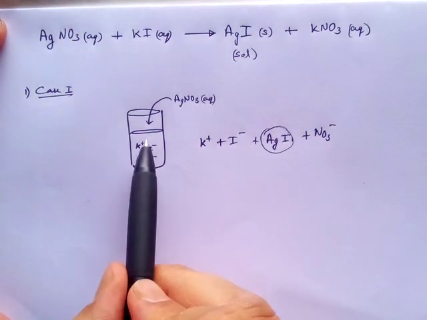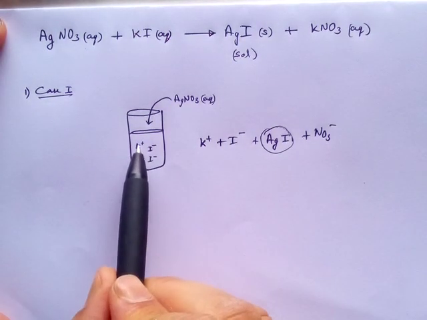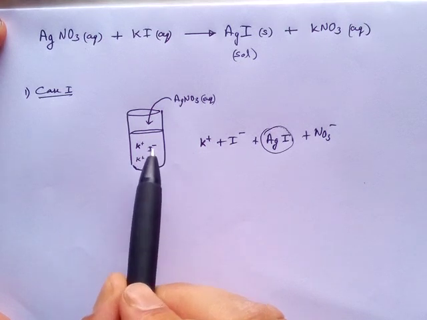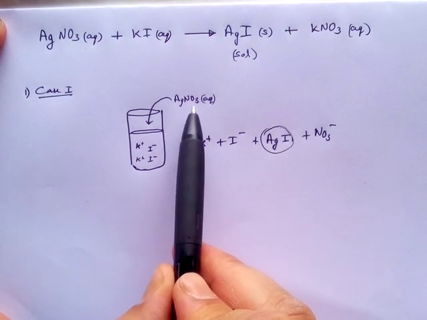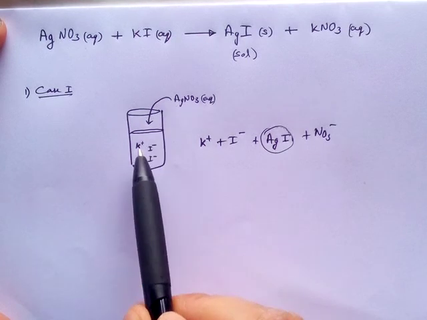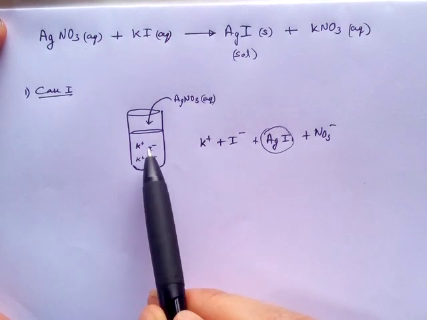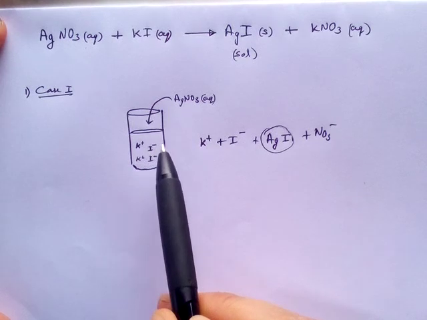So what are the things inside the container? K+ and I-, because there are plenty of K+ and I-, and we are adding a few drops of AgNO3, right? So Ag easily attaches to I, forming AgI, and NO3 remains as NO3-.